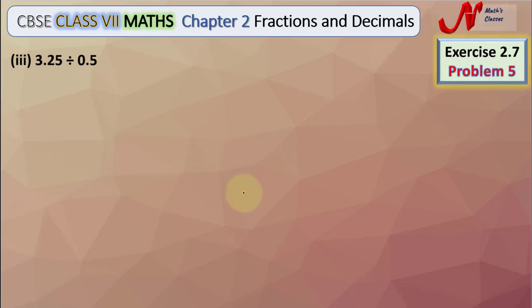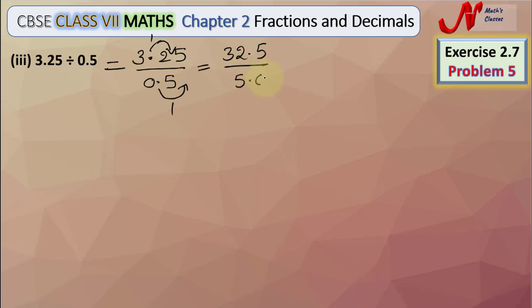Next we solve the third bit. To solve this one, it can be written as 3.25 divided by 0.5. So first we shift the denominator's decimal point one place to the right. In numerator also shift the digit to the right by one place. So it can be written as 32.5 divided by 5.0.